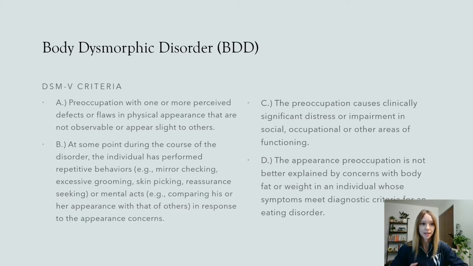And next, criteria B. At some point during the course of the disorder, the individual has performed repetitive behaviors, such as mirror checking, excessive grooming, skin picking, reassurance seeking, or mental acts, comparing his or her appearance with that of others in response to the appearance concerns.